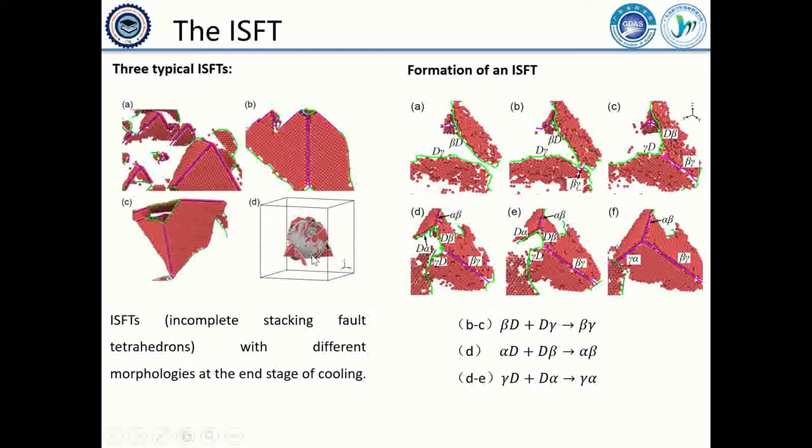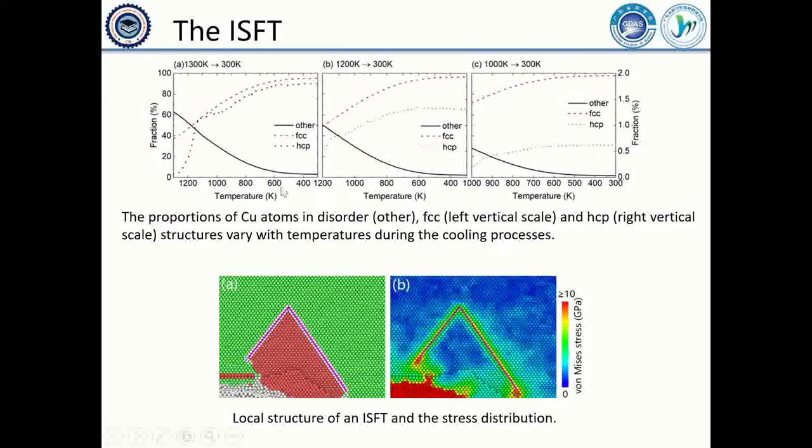This picture shows the formation process of an incomplete stacking fault tetrahedron in the model, and this is an overview of the defects in the model. And this picture shows the proportions of copper atoms in different structures with temperature during the cooling process.